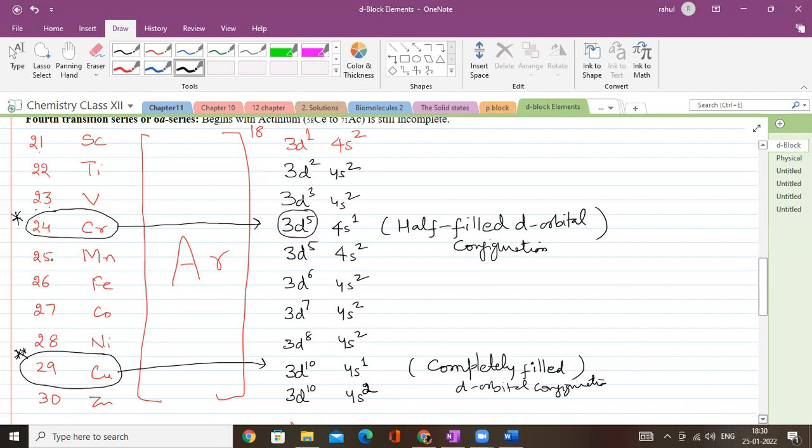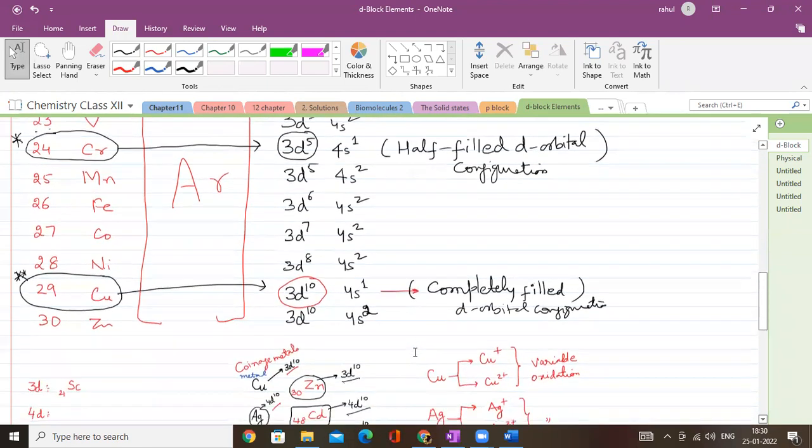Manganese has 3d5 and 4s2, iron has 3d6 4s2, cobalt has 3d7 4s2, and nickel has 3d8 4s2. Then we have copper, which has a fully filled configuration of 3d10 and 4s1. In the same way, zinc is 3d10 and 4s2. This has a completely filled d orbital configuration that we have already done.